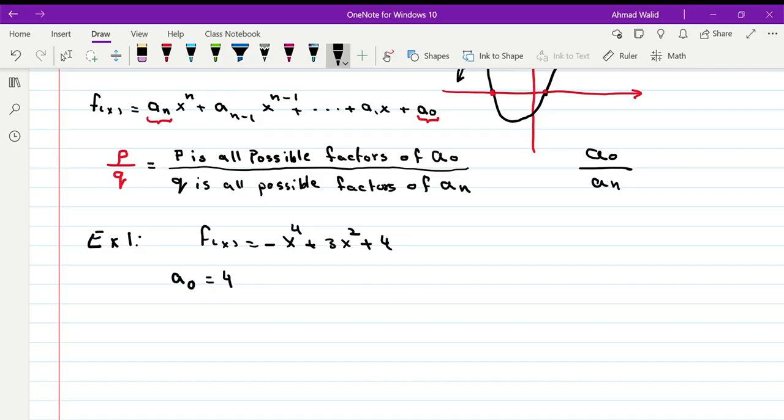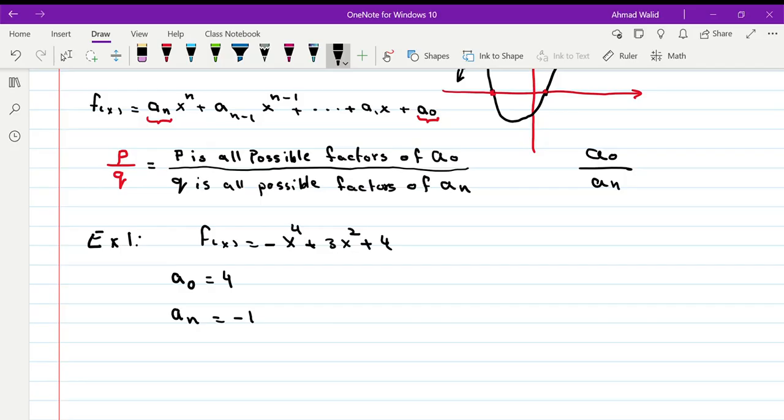What is the leading coefficient, a sub n? How much is a sub n? Negative 1. Now, what are the possible factors of 4? I think finding all possible factors of a number is a topic from beginner math. It means which numbers can multiply with each other to give you positive 4, correct?